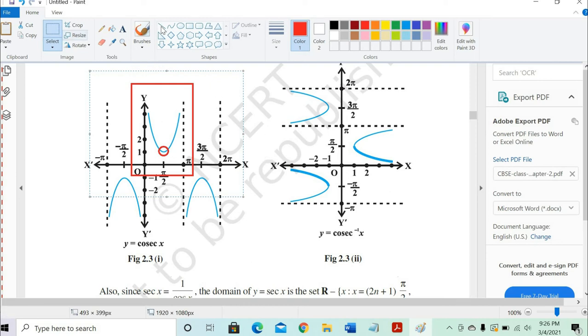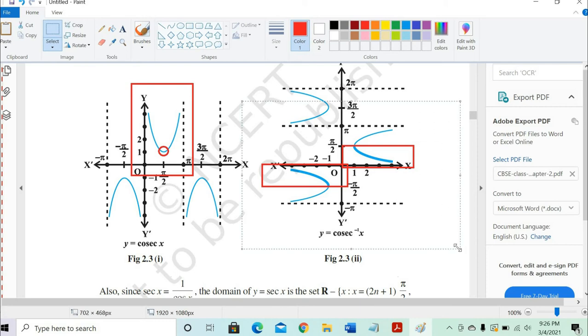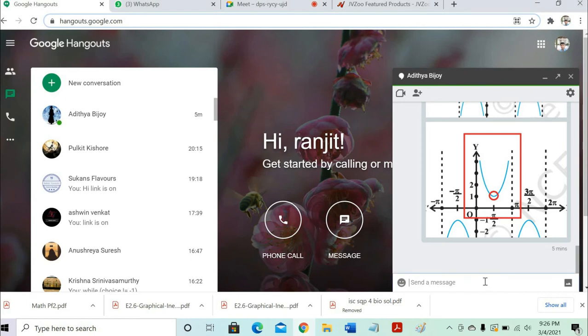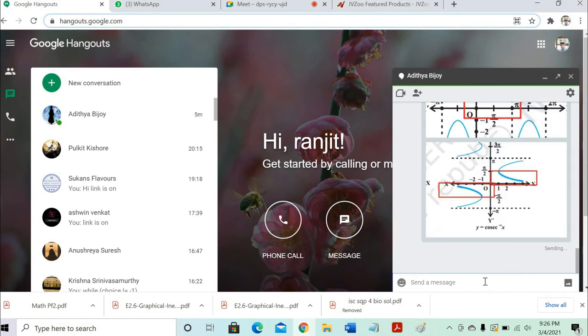So you just need to focus on this part. Why we are telling you this: I want you to focus only on this part. This is the area we need to focus on.